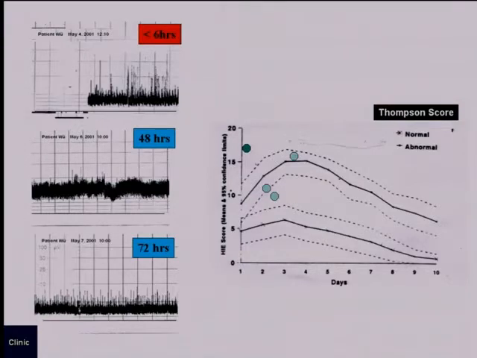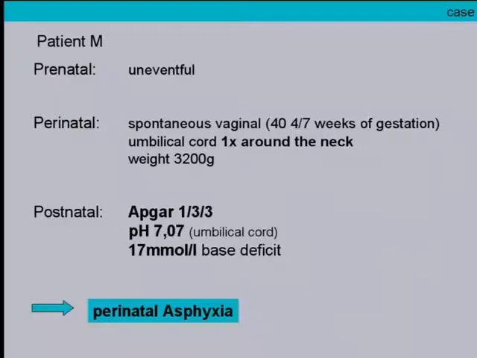Next. Now a patient example. A patient has an uneventful prenatal history, perinatal, spontaneous vaginal delivery, the umbilical cord once around the neck, normal birth weight.